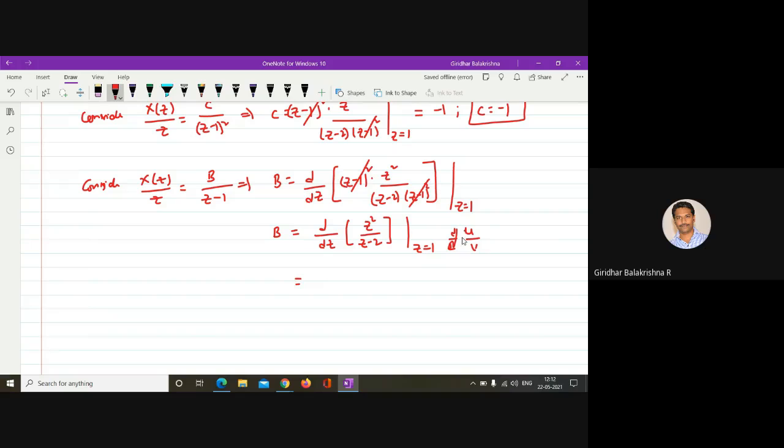Differentiation of u by v is (u dash v minus v dash u) by denominator v square.